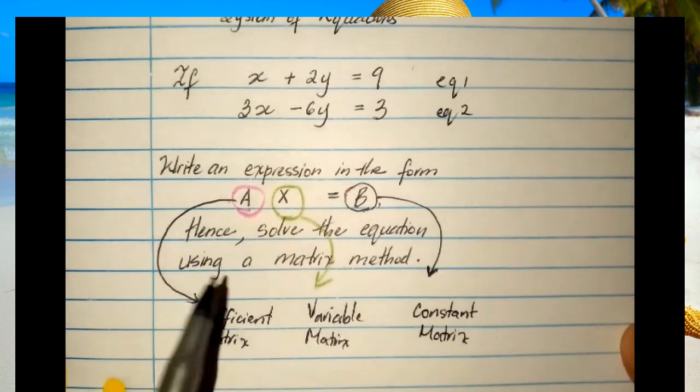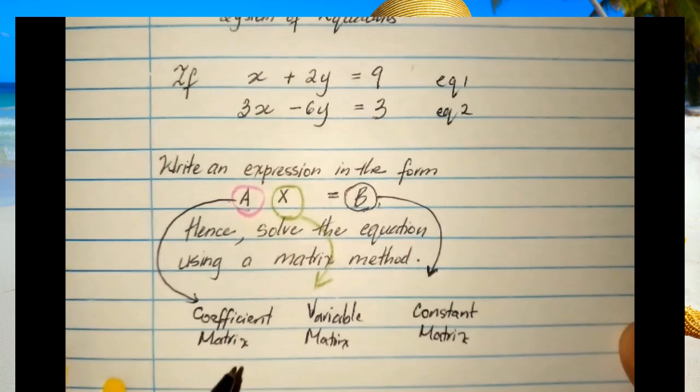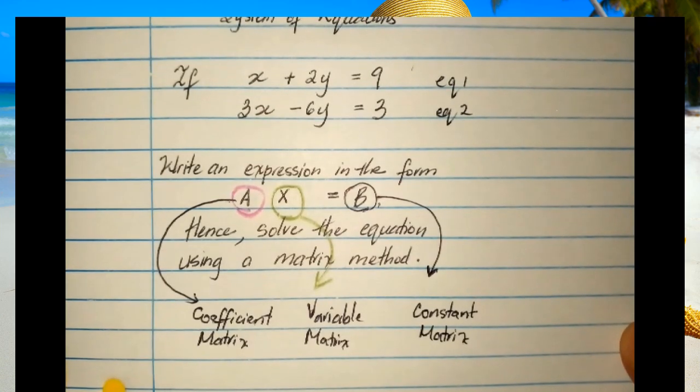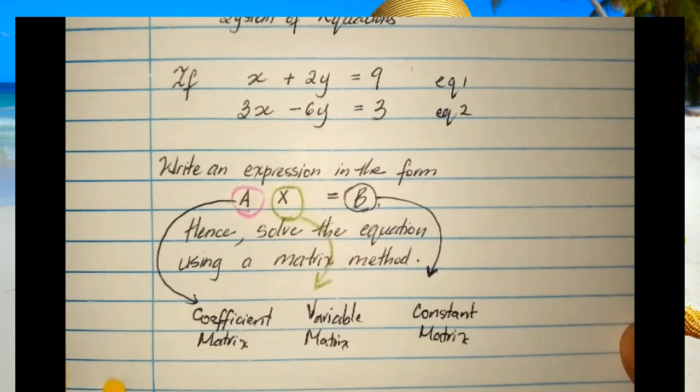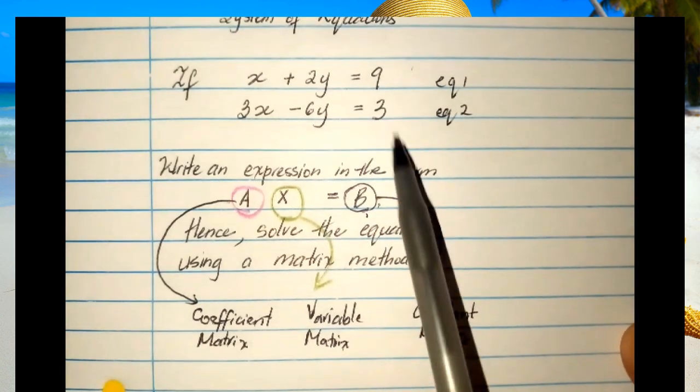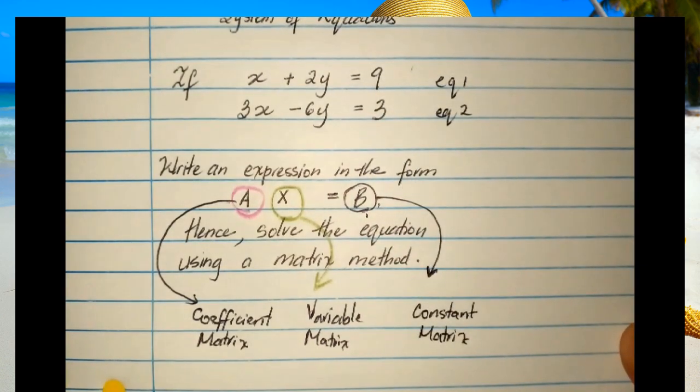Again, A represents all the coefficients for all the variables in matrix form. X represents the variable matrix, which has all the variables in the system of equations. And B represents our constant matrix, which are just the numbers at the end of the equation.